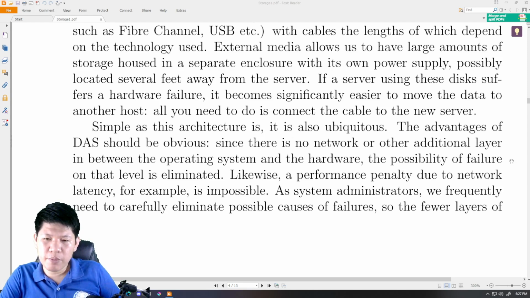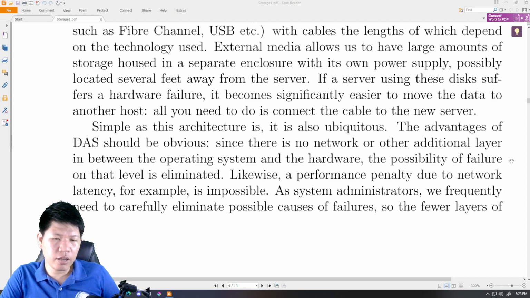Likewise, a performance penalty due to network latency, for example, is impossible. As a system administrator, we frequently need to carefully eliminate possible causes of failure. Depending on the capacity you require or can utilize, you can configure your RAID if you want redundancy.